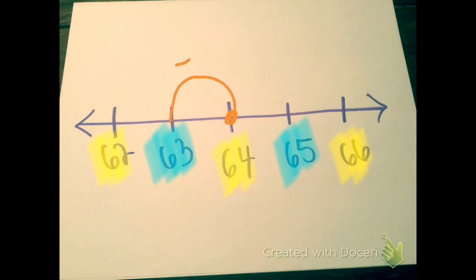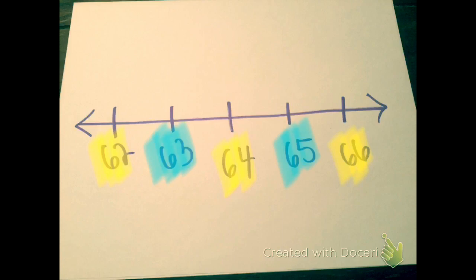Even minus 1 equals odd. Odd number minus 1 equals even, and even number minus 1 equals odd. So when I'm increasing or decreasing by just 1, my number is always changing from an even number to an odd number.